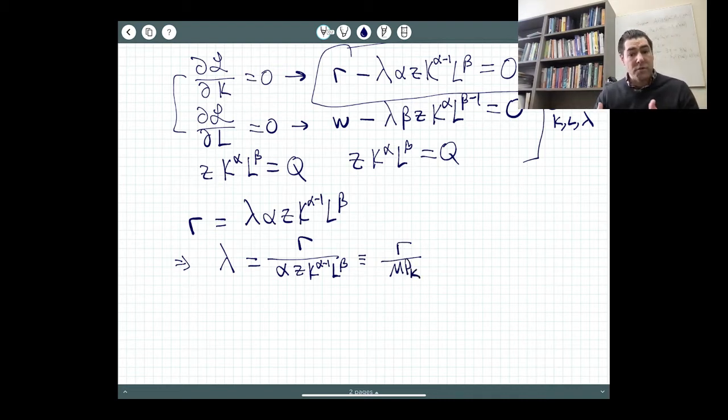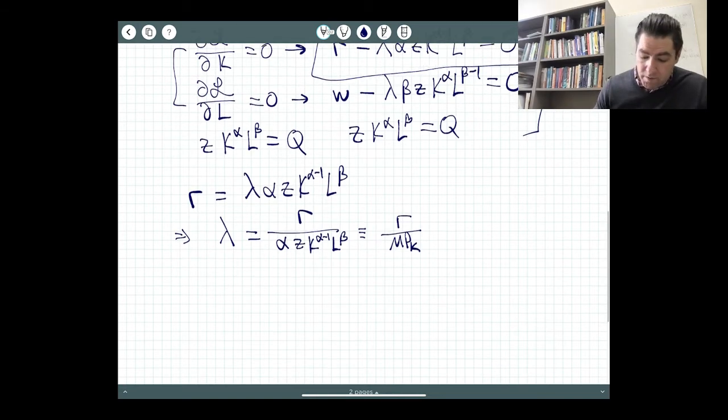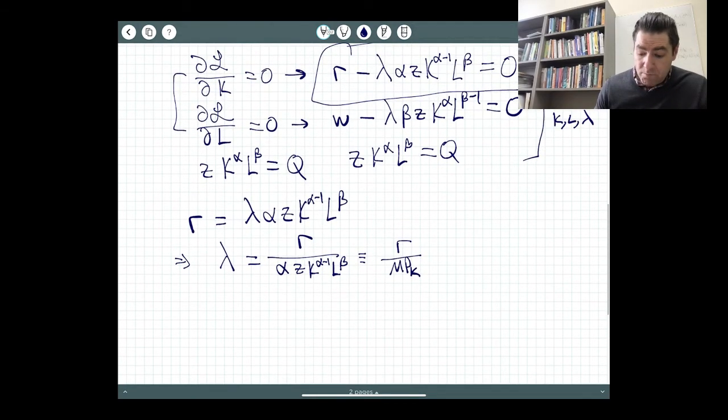That term on the bottom is the marginal product of capital. All right, so then I can plug that value of lambda into my other first order condition.